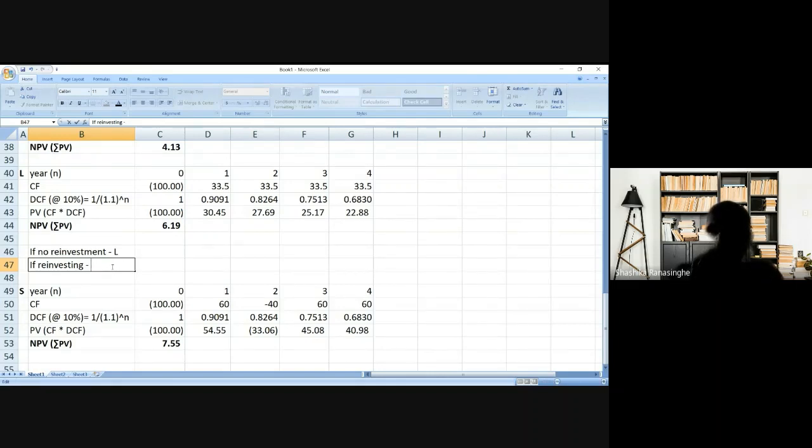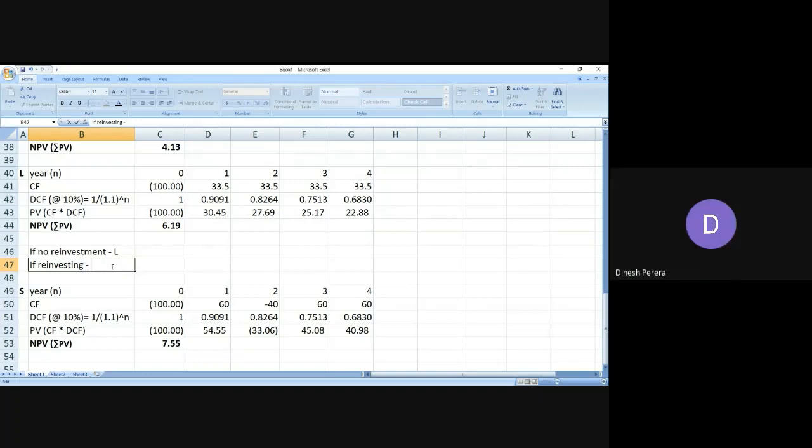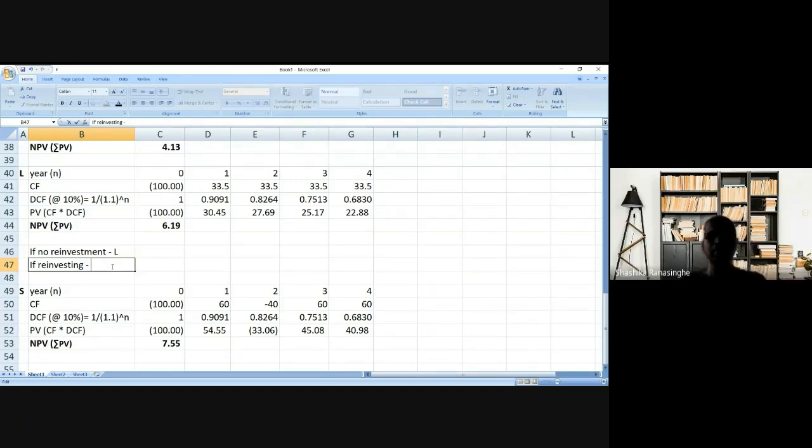It's easier to compare S and L now because both are 4-year projects. From L, you get 6.19. From S, you are getting 7.55. Go for the higher NPV, so you invest in S.